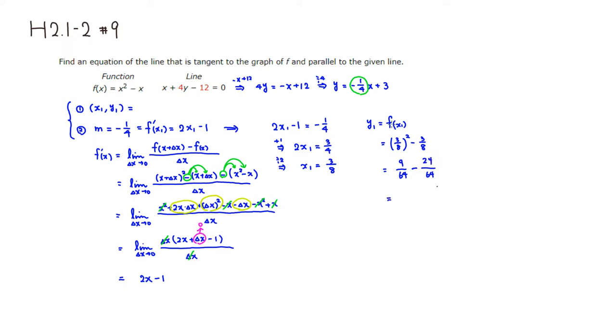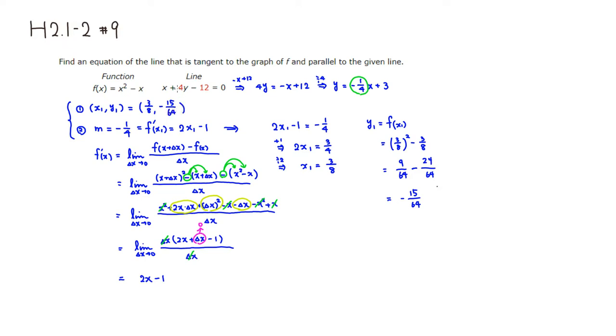This is going to be negative 15 over 64. So we found x1 to be 3 over 8 and y1 is negative 15 over 64.